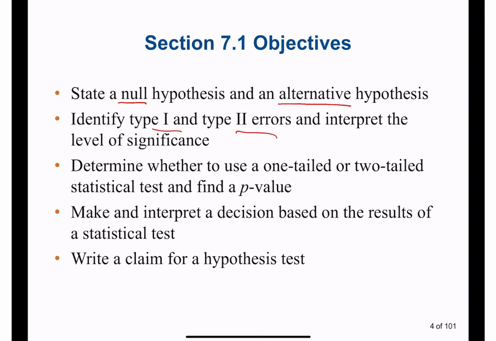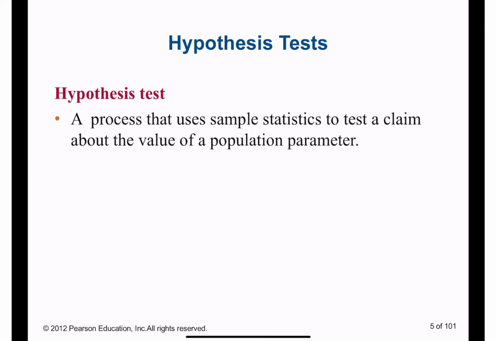So what we are going to learn in this section is how to determine if it's one tail or two tails, and how to find the p-value. Based on the hypothesis test, we can make the decision and do the interpretation based on the results of the statistical test. We will also learn how to write the claim for the statistical test.